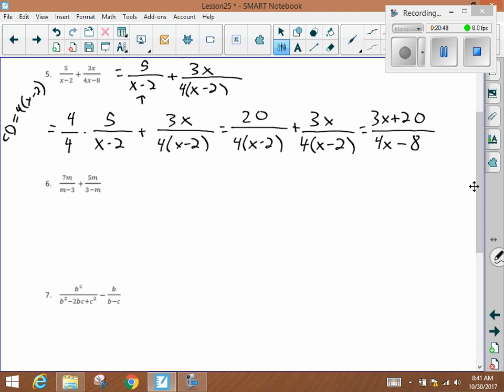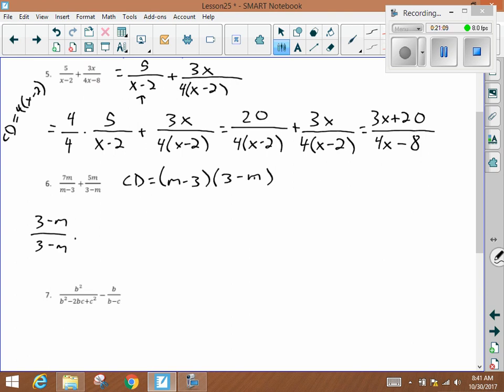Alright, so what's my common denominator then? It's going to be m minus 3 times 3 minus m. So what's that mean? That means that this one over here has got to be multiplied by 3 minus m over 3 minus m.